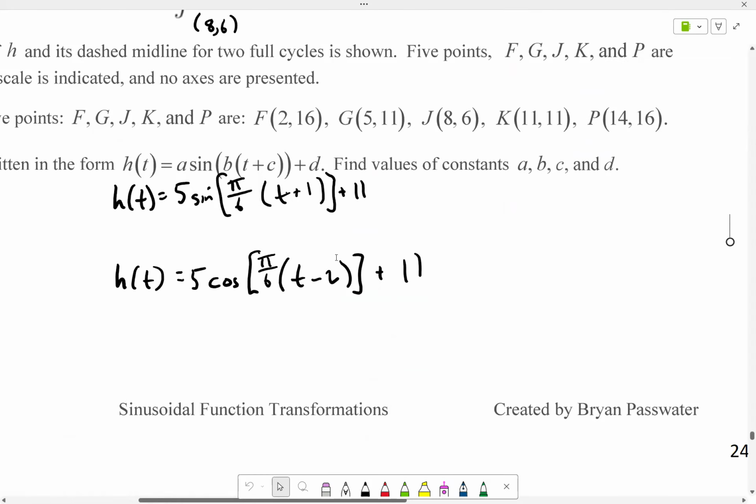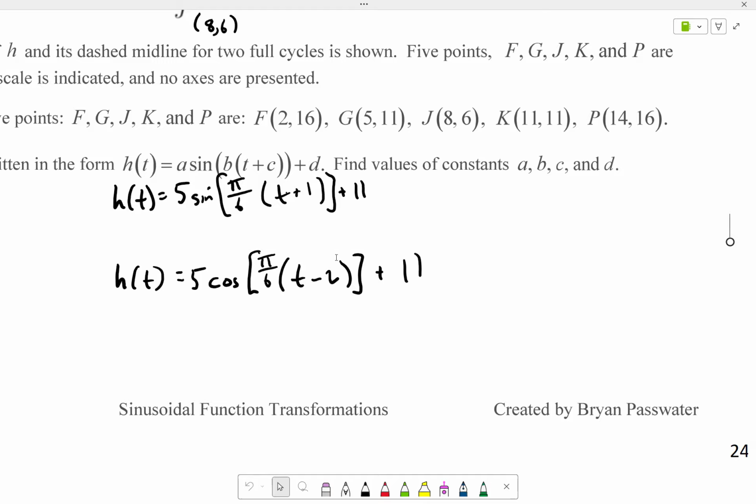This is the form that we did in our class, but Pearson expected a different form, didn't it? The T and C. It's like they took the parentheses and distributed.